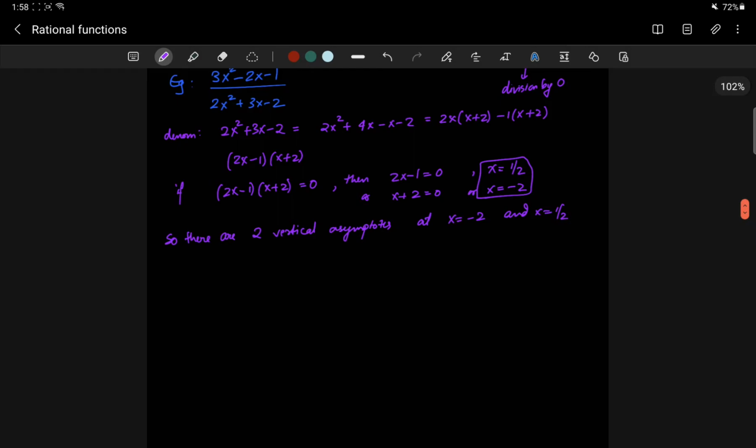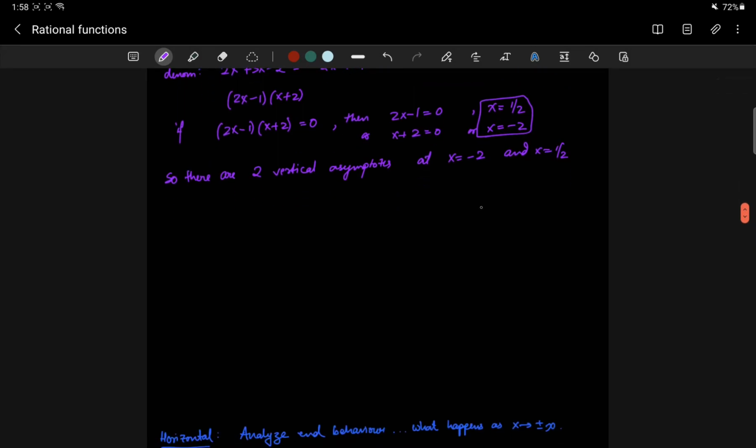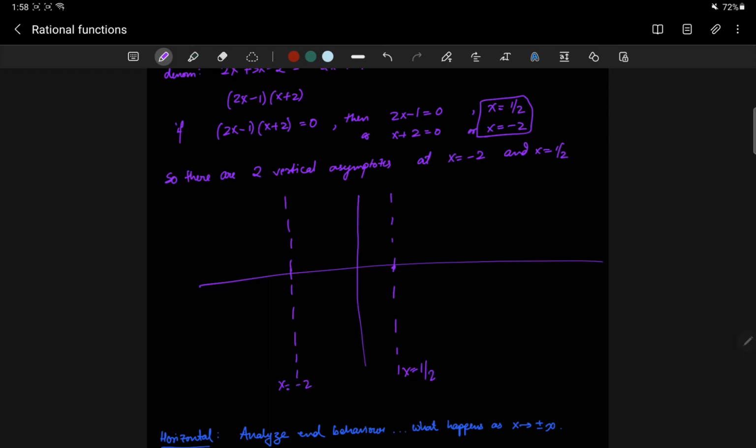So if my ultimate goal is to find this plot, I don't know much yet, but what I do know is at negative 2 there is an asymptote, and at 1/2 there is an asymptote. I completely missed the 1/2 mark there. Makes more sense to do that. So that's x equals 1/2 and x equals negative 2. Okay, so that's how you find the vertical asymptote.